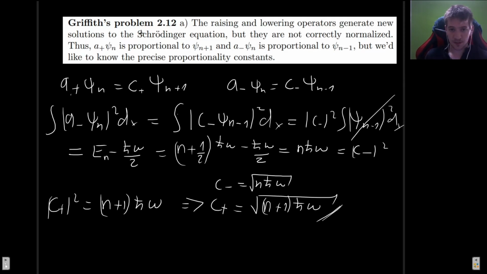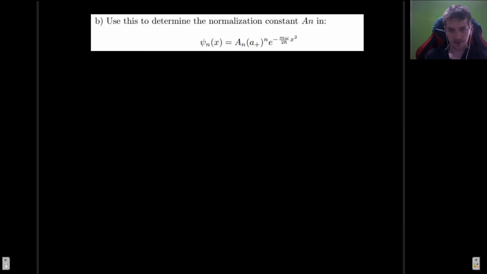Okay, so this is part A. Now comes part B, which is basically the reason we were doing all of this in the first place. We want to now use this to determine the normalization constant an, and this an is basically the an in this generalized form for any wave function that we had found in the previous video.